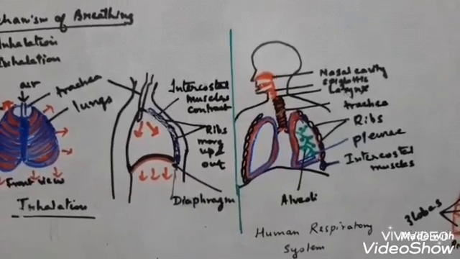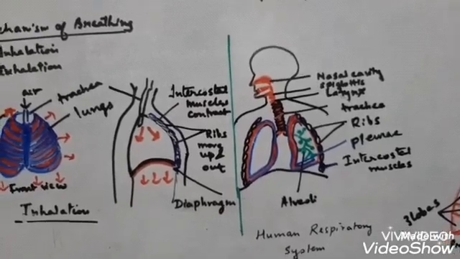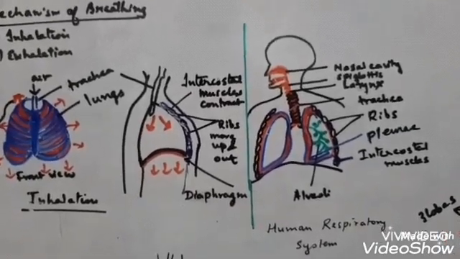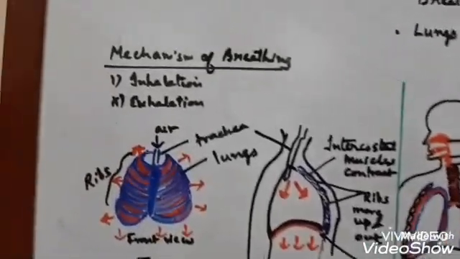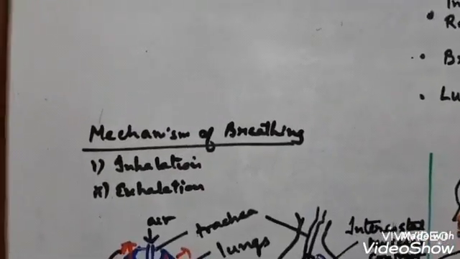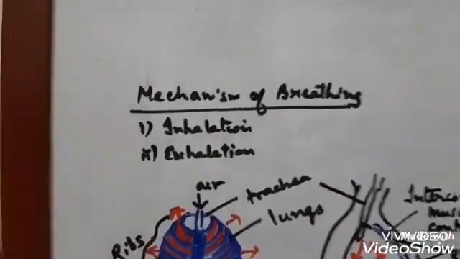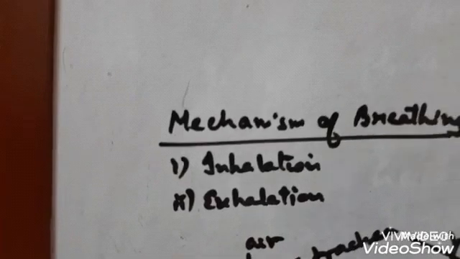So external respiration is the breathing, and internal respiration, the cellular respiration, is the part that takes place within the cell. Today I am here with the mechanism of breathing, that is, the external respiration. External respiration involves two steps: inhalation and exhalation.